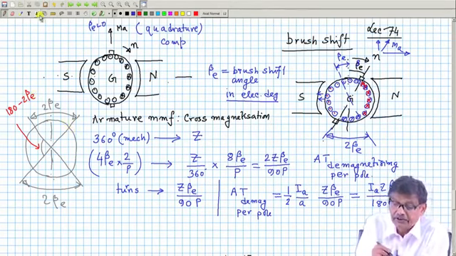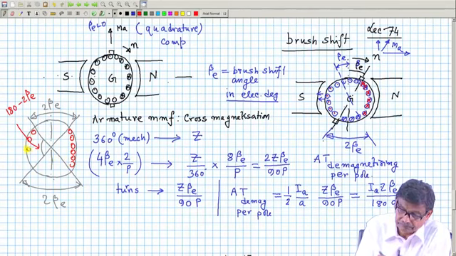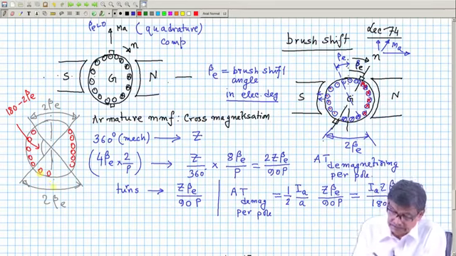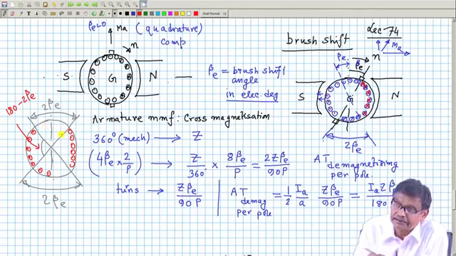Therefore, here are the conductors for which I have to calculate. And these are all dot, and while calculating cross magnetizing, I do not have to consider this, I have already considered it for demagnetization. So, these are cross.